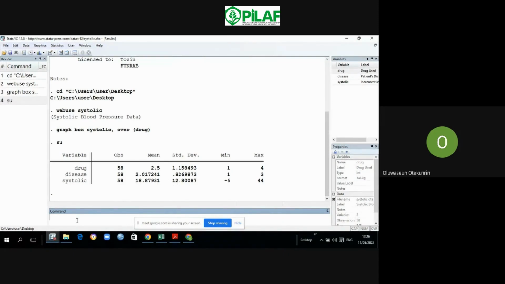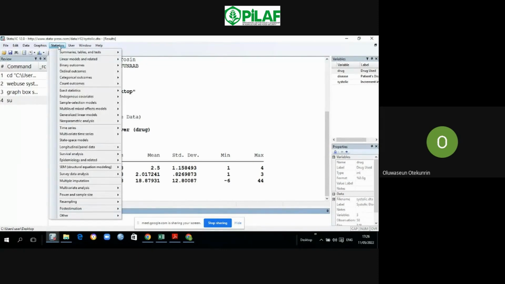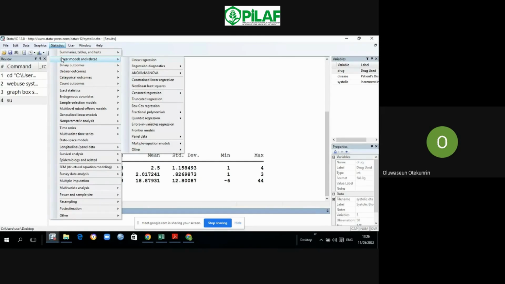So first of all, let us use the one-way command. To do that from the menu, let's go to Statistics, then Linear models and related, then ANOVA/MANOVA, then One-way ANOVA.